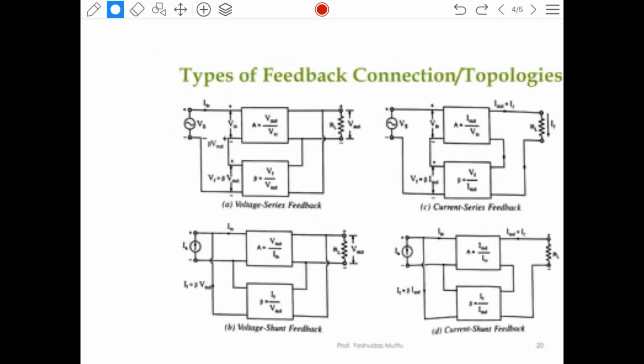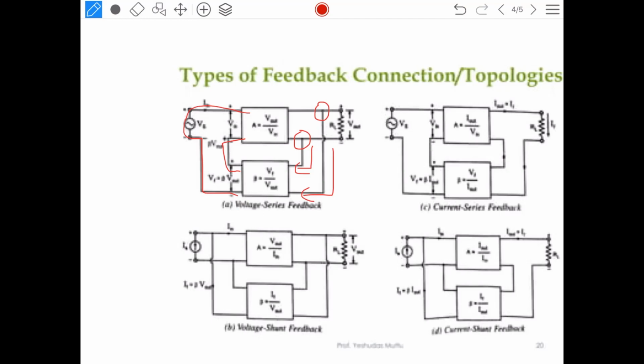The output is fetched from the output network. Voltage is always across, right? So voltage is fetched across, going to the feedback network. As the name says, it is a voltage series feedback. Input is fed in series to the supply.